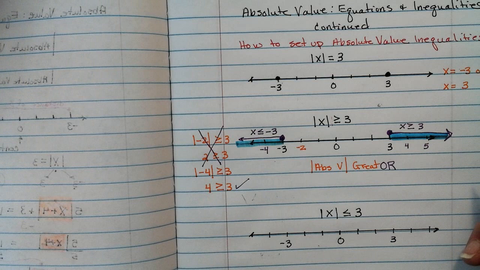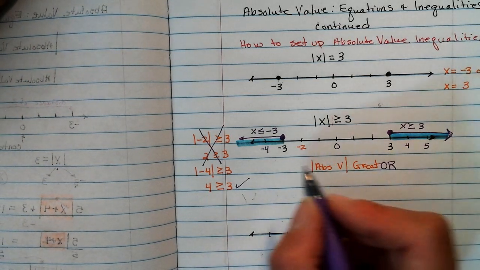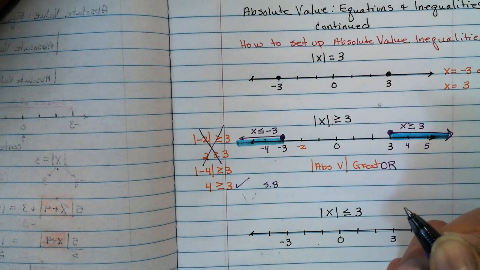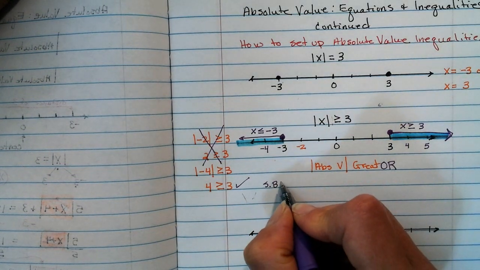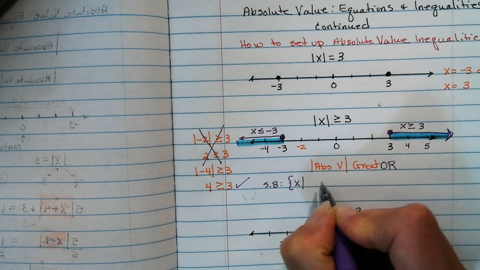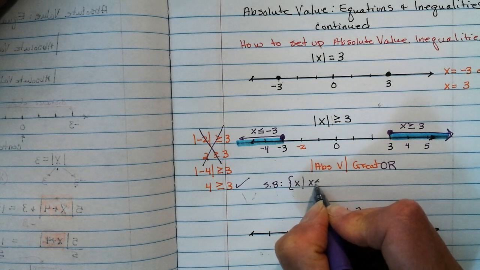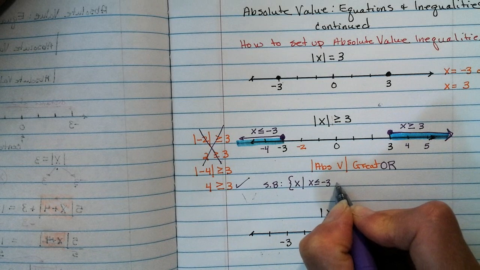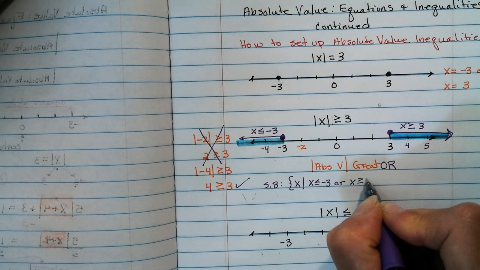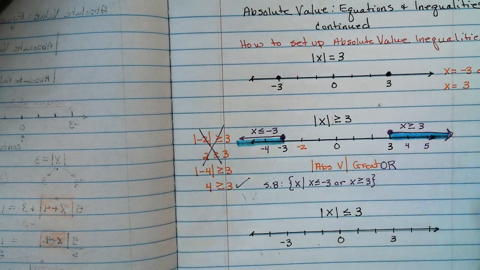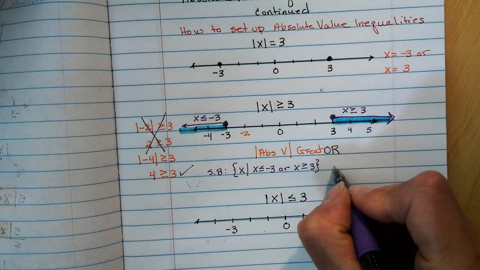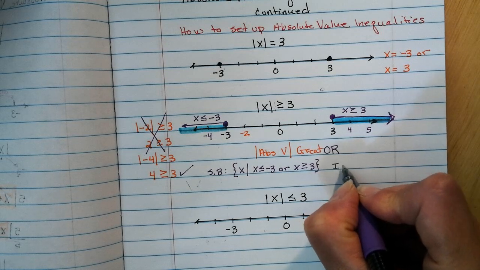So if we were going to write this in set builder notation, which I'm going to abbreviate SB, that would mean the set of x such that x is less than or equal to -3, or x is greater than or equal to 3.